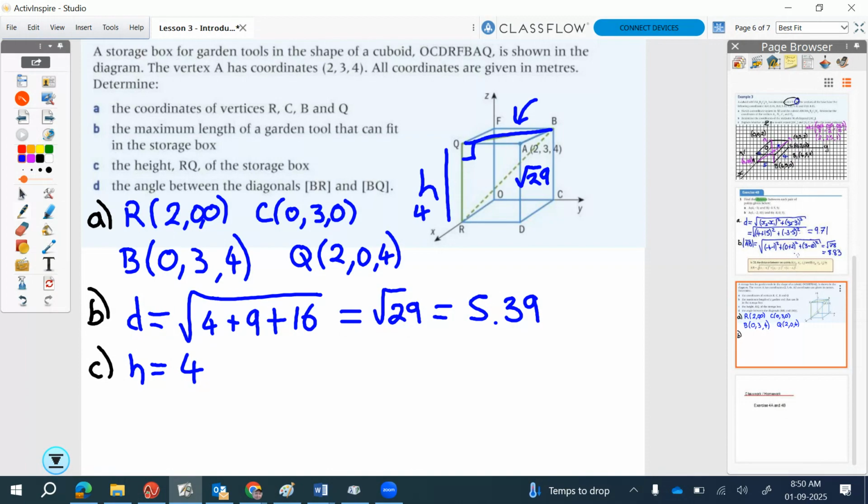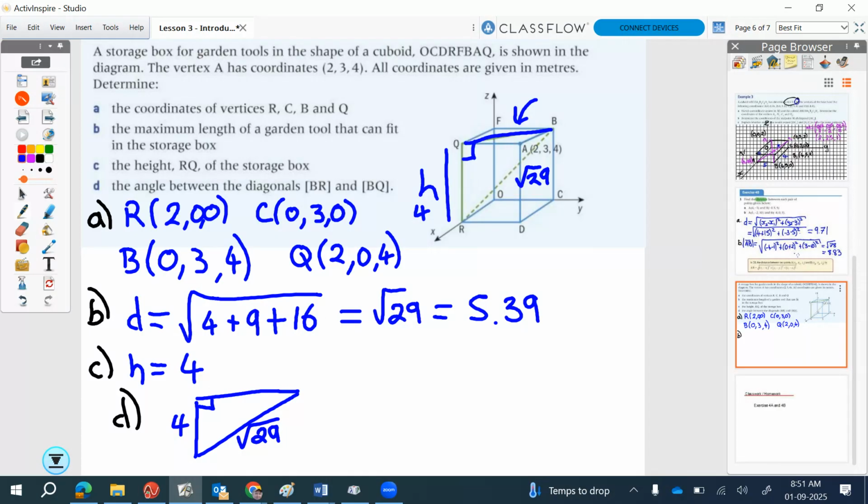So if we take that right angled triangle in D, and I sketch it, we know that this one is 4, we know that this one is root 29.